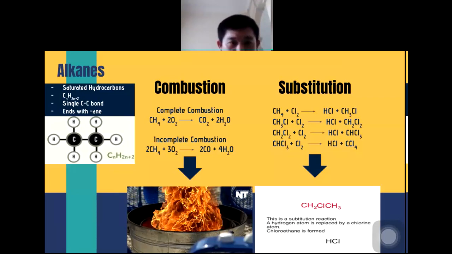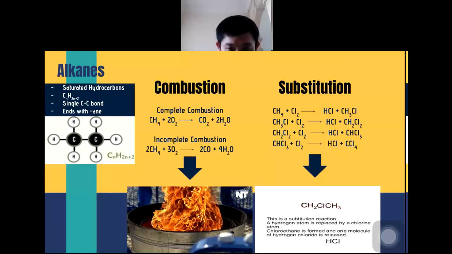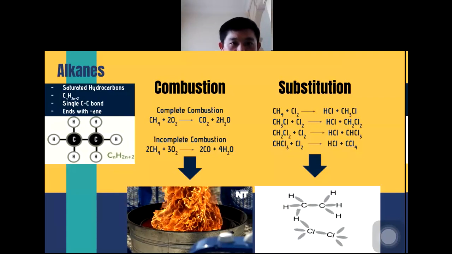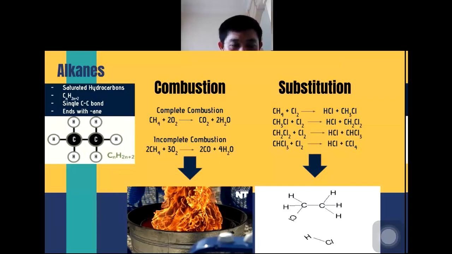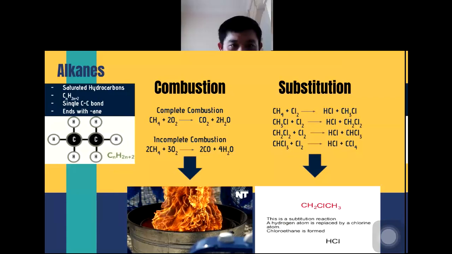When we are talking about cracking, cracking of long chain alkanes will produce three possible products. What are those three possible products? Usually it's one small alkene, and then two of them will be the alkanes, the remaining alkanes.